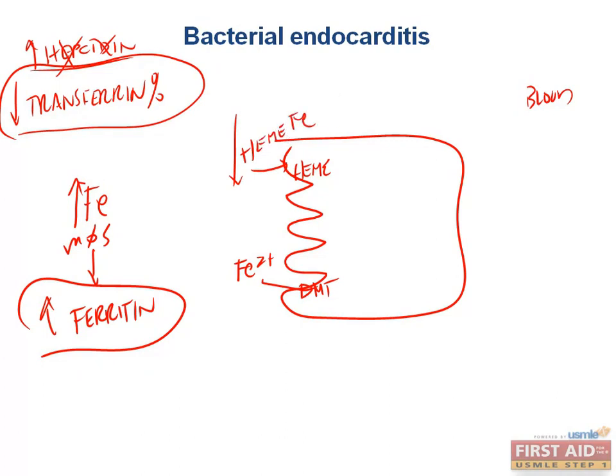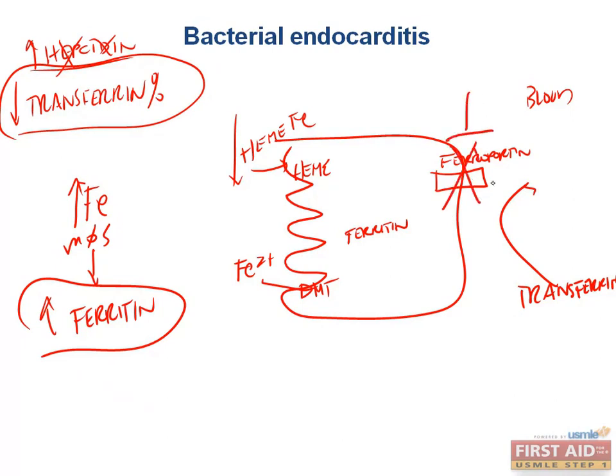Either way, this enterocyte is going to bind iron and store it within itself as ferritin. There's the port again, so this is ferroportin, and we need ferroportin to give iron to transferrin. It is circulating around in the blood, transferring iron from itself to other tissues, and that is the role of transferrin.